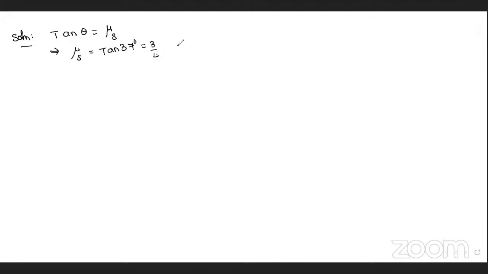Tan 37 is 3 by 4, means 0.75. But whether it is useful or not, I don't know. We have to check whether this value is really useful, or else it is unnecessary data. Now again going back and reading the question.